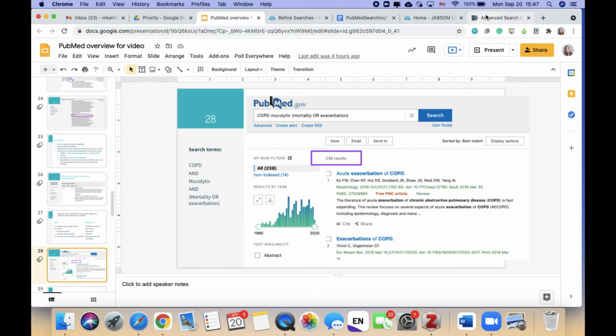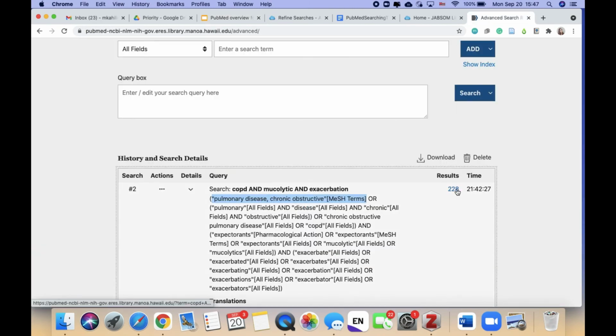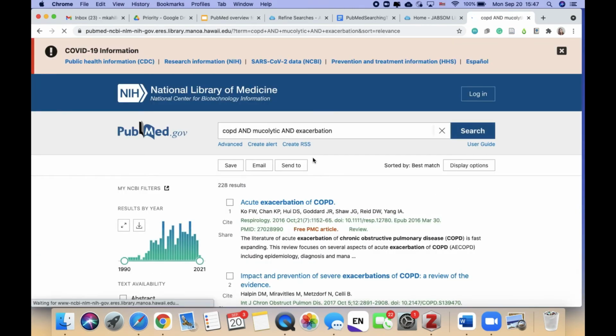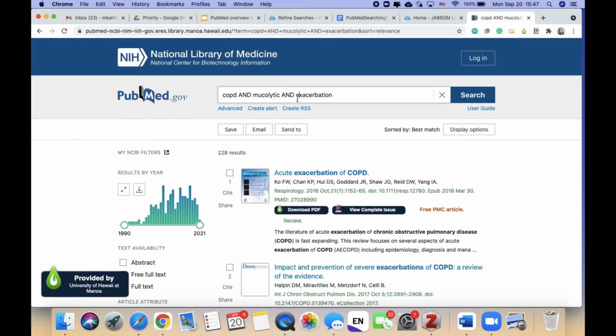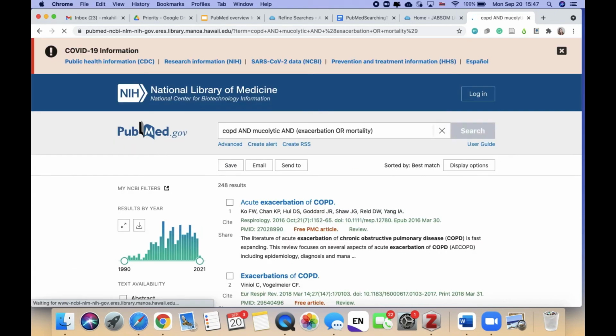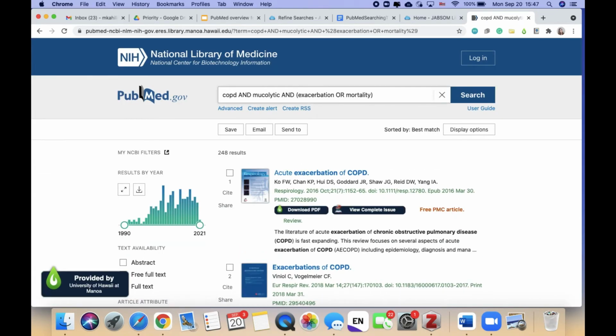I'll go to a live window and click on the number under results to rerun this. Now I'm going to add exacerbation or mortality. So COPD and mucolytic and exacerbation or mortality. Now I have 248 results. I think it was 228 before that.